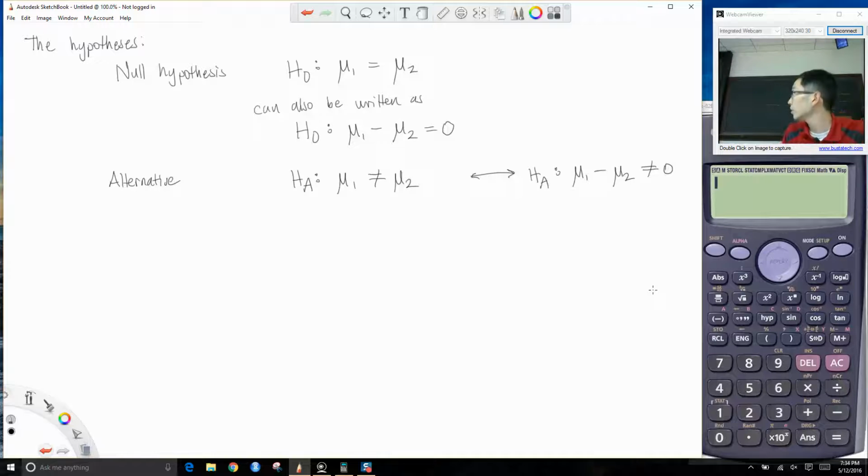With the not equal sign, this is called a two-sided test or a non-directional test.